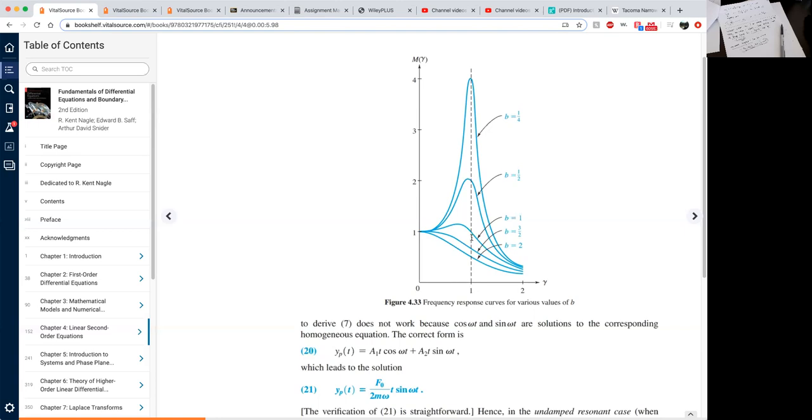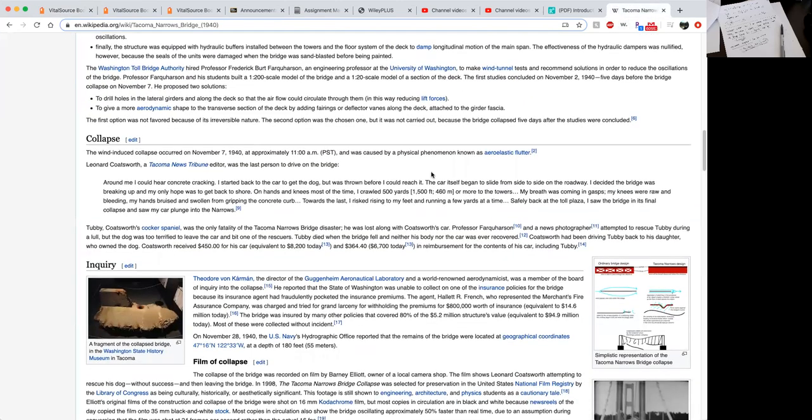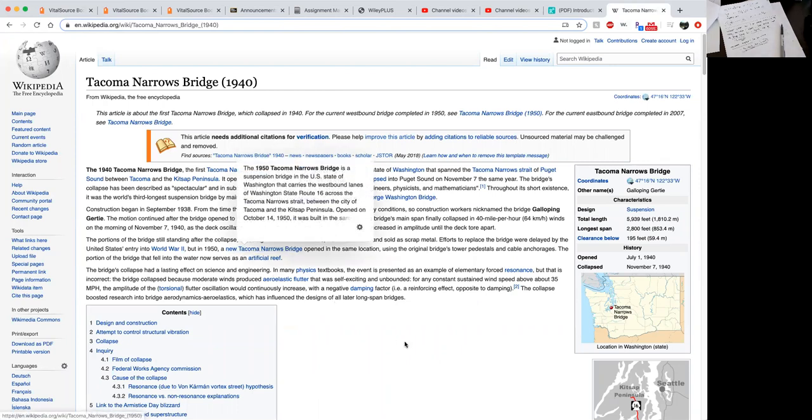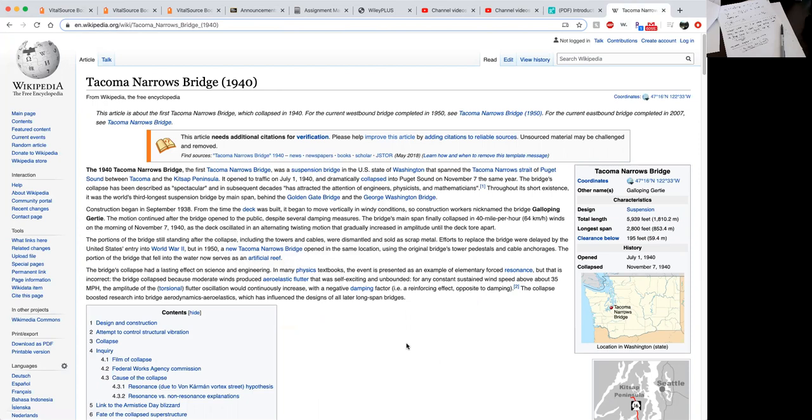So what's the example of this? The example is the Tacoma Narrows Bridge. I'm not going to explain this one in detail, but please read this article by yourself. See what happened.